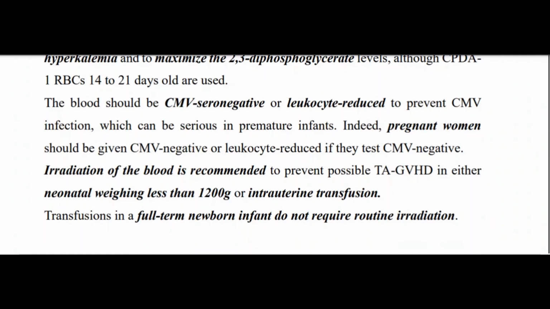So this is where we have to irradiate blood units for neonatal transfusion. We must irradiate the units if we are transfusing blood into a neonate with less than 1.2 kilogram body weight, or if the transfusion is intrauterine.